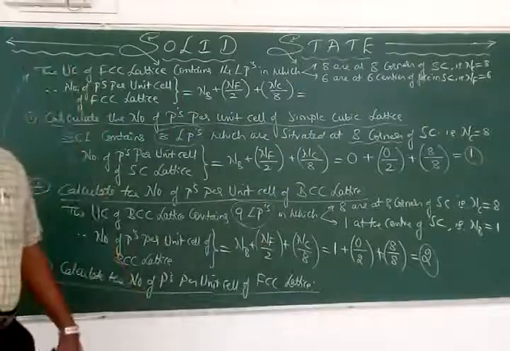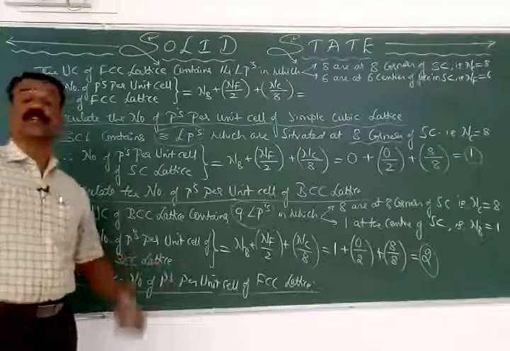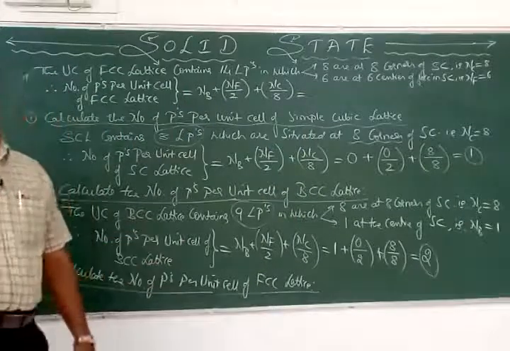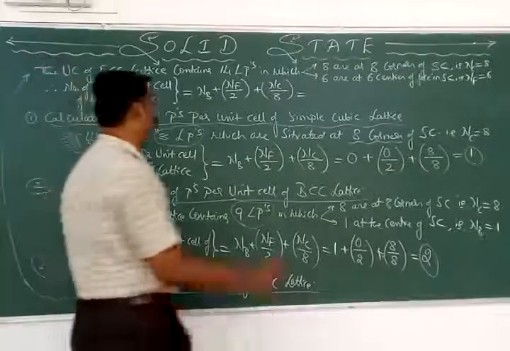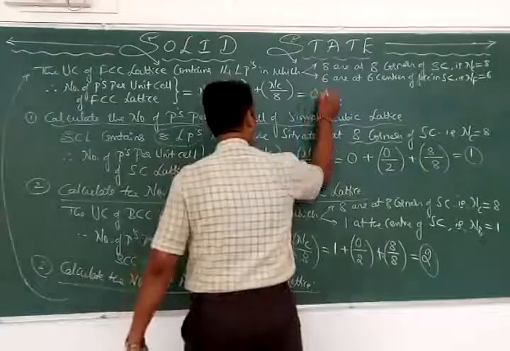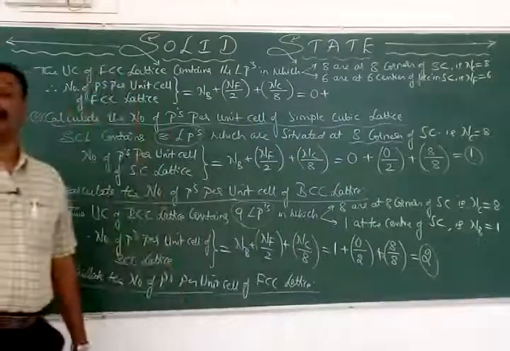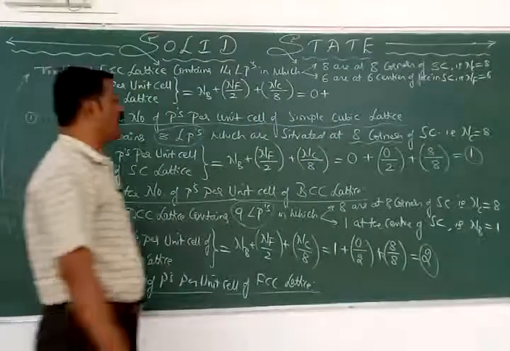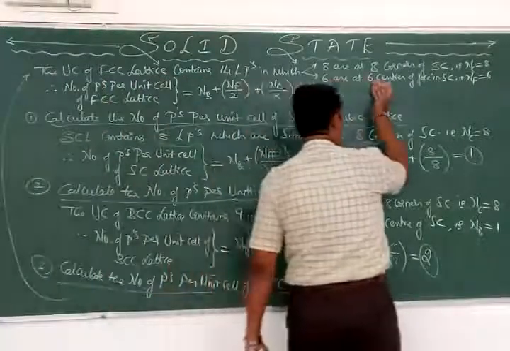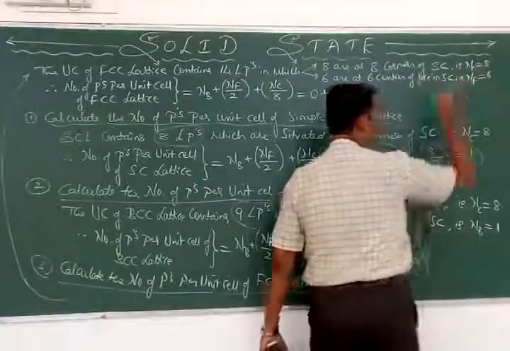Number of body-centered particles. As it is a face-centered unit cell, there is no body-centered particle. Therefore, the number of body-centered particles is 0, plus NF. How many face-centered particles are there? 6 particles are present at the 6 centers of the 6 faces in the simple cube.